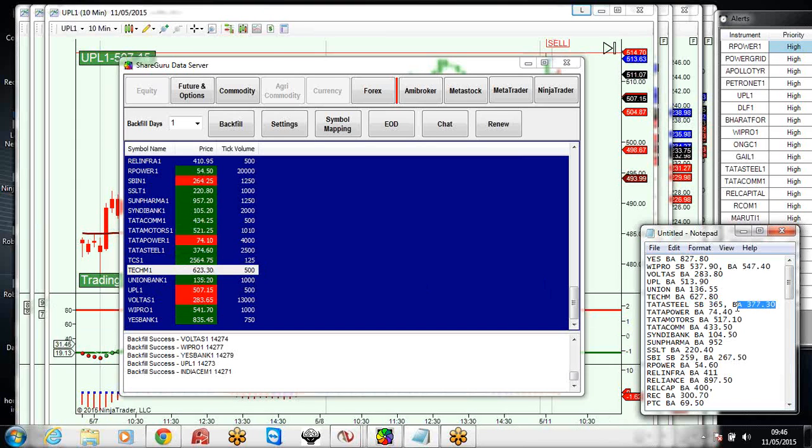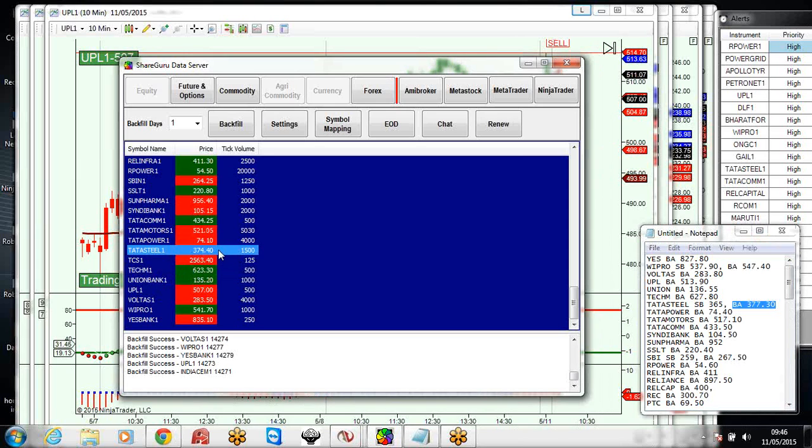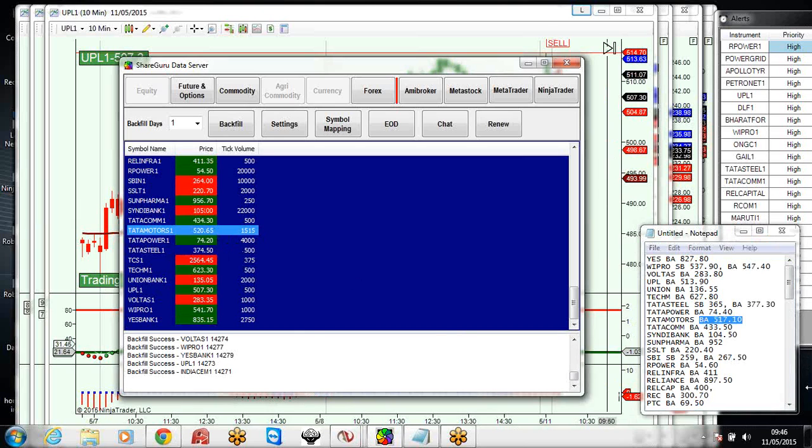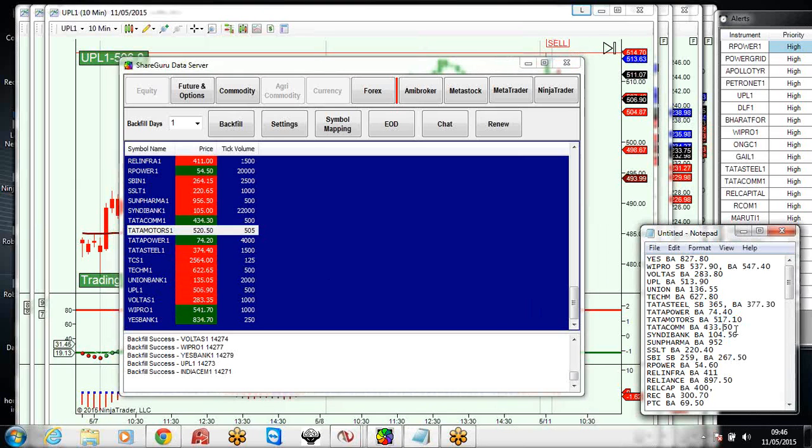So 377 is a buy for Tata Steel. Now it is at 374. 74.40 is a buy for Tata Power. Now it is at 74.10. Tata Motors 517 is a buy. Now it is at 520.65. $433.50 is a buy for Tatacom.